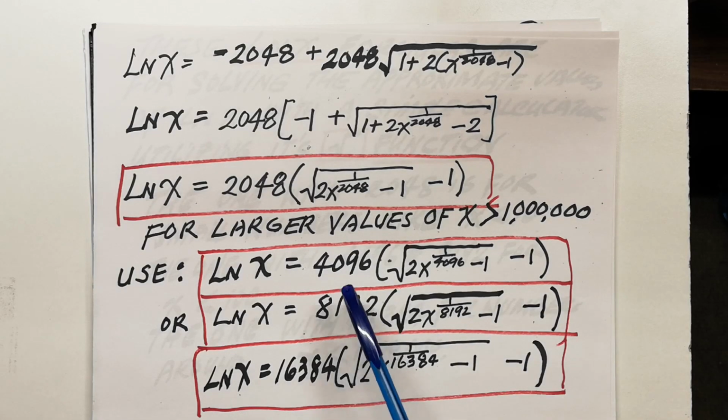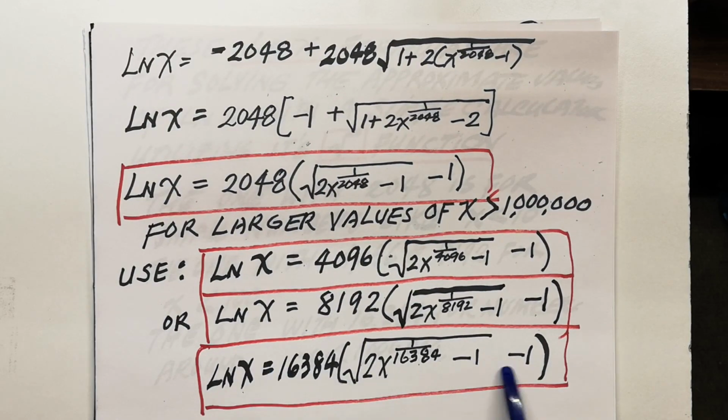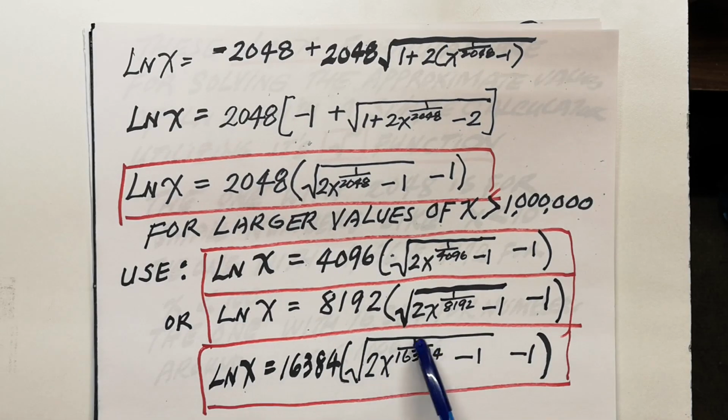And if you double this again, this one is for ln of a very large number. ln of x equals 16384 multiplied by quantity square root of 2x raised to the 1 over 16384 minus 1 and minus 1.